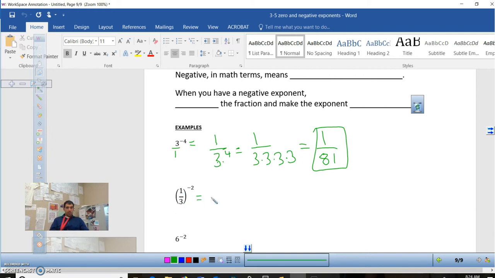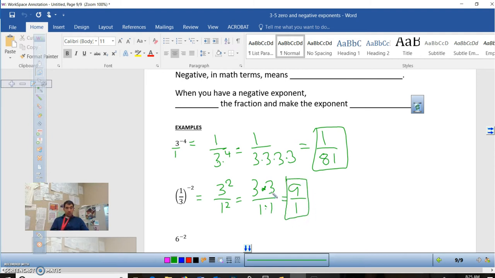1 over 3, we flip the fraction. So 3 over 1. We make the exponent positive. Remember, if you have an exponent on the outside, you put it on both the numerator and the denominator. So 3 times 3 over 1 times 1, so 9 over 1.